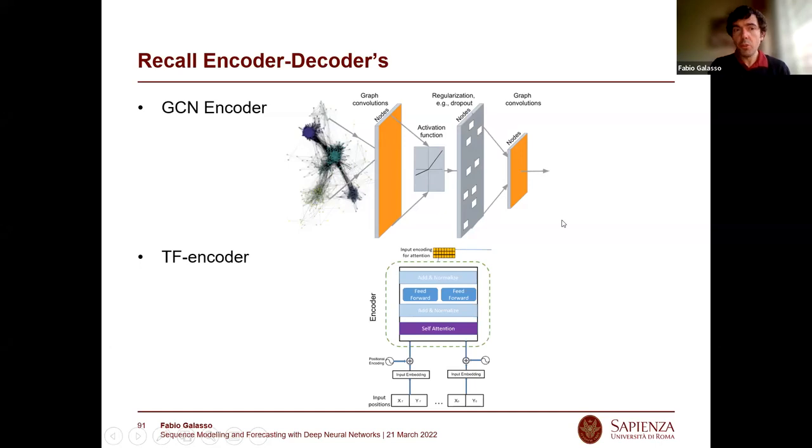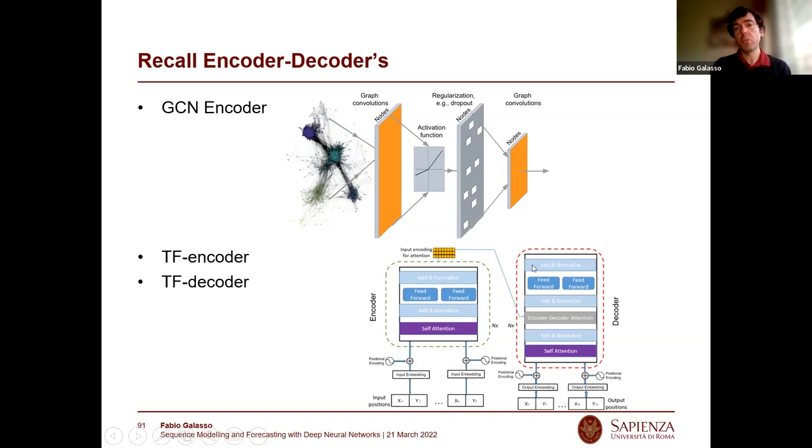This is similar to what you observed, for example, for the case of transformers. So you observe your past and you encode this into memory, which you use afterwards to predict into the future. So you have the encoder and the decoder, and the decoder is the one that starts predicting and keeps predicting autoregressively, right?